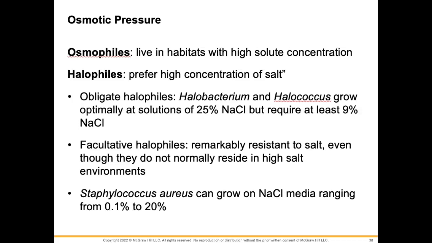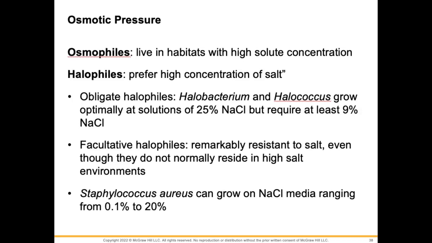That's kind of mind-blowing when you think about it. Facultative halophiles are remarkably resistant to salt, even though they do not normally reside in high salt environments. So they'll put up with it, whether they like it or not.